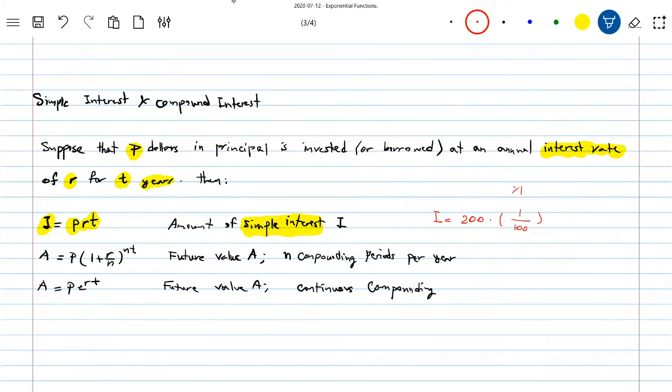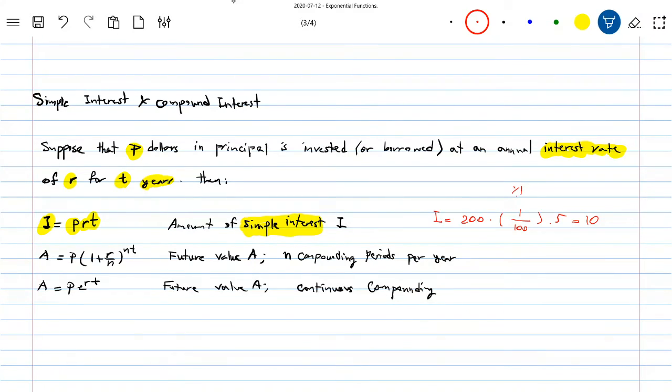And for 5 years, 200 over 100 is 2, times 5 is 10. Every year you'll get $2, and at the end of 5 years you'll get $10 if you invest $200 with 1% interest. So at the end, how much money you have is $200 plus $10, $210.